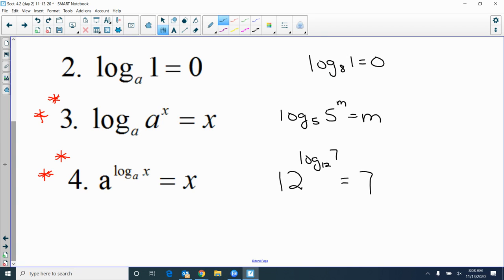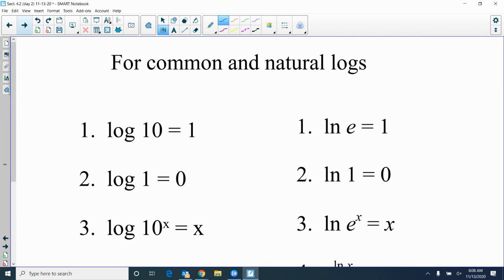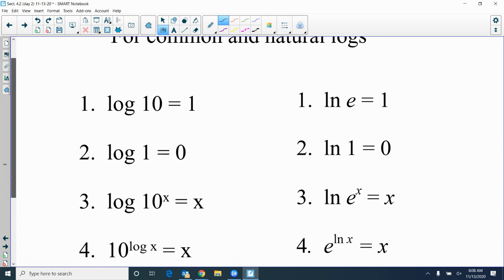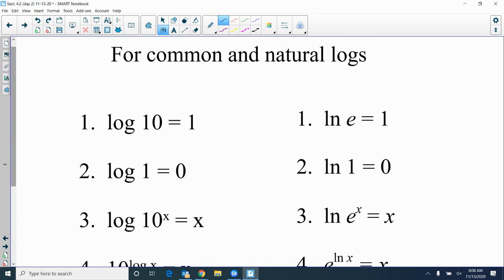Okay, now, these properties work for the common and natural logs. So we're just hitting these properties a couple times here. If you have common log, log of 10 equals 1, because it is base 10. Log of 1, that's 10 to the 0, equals 1.